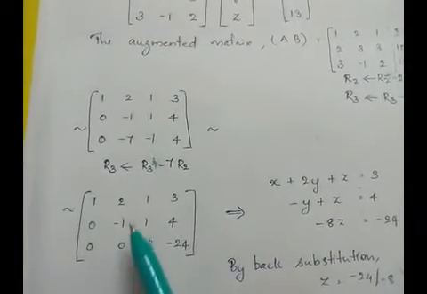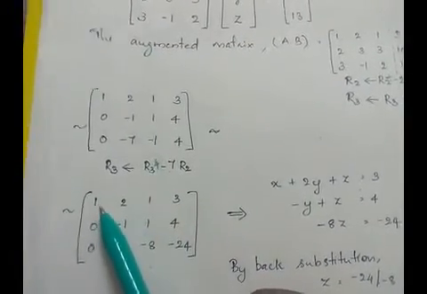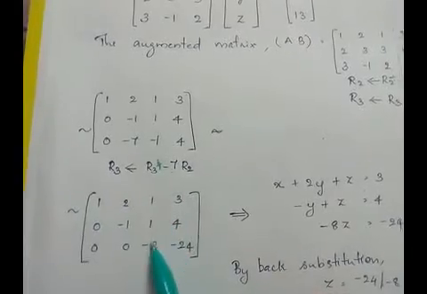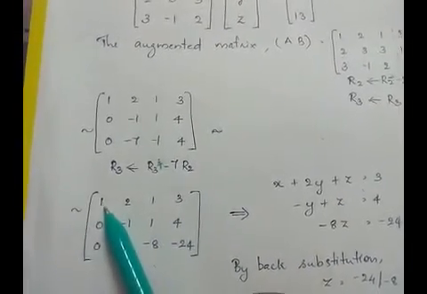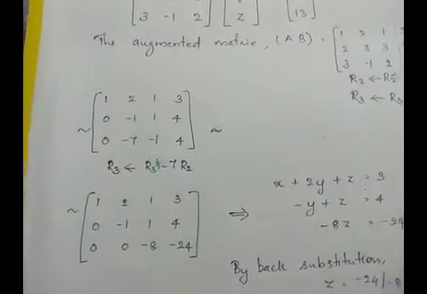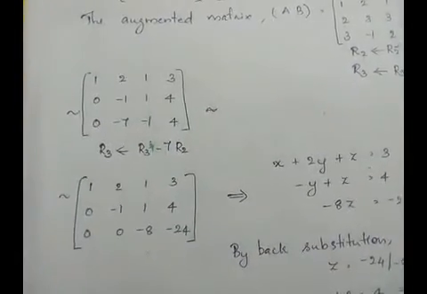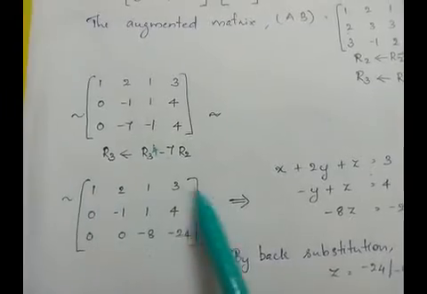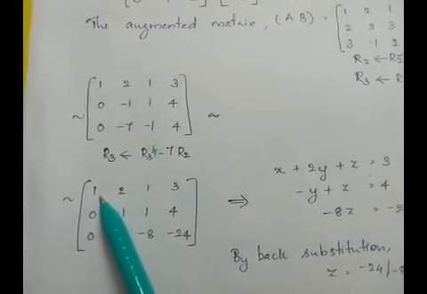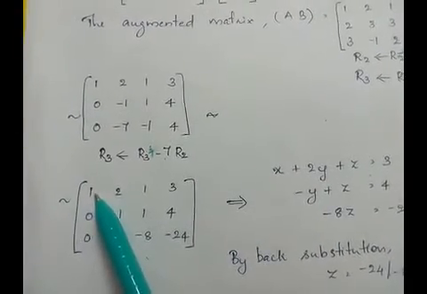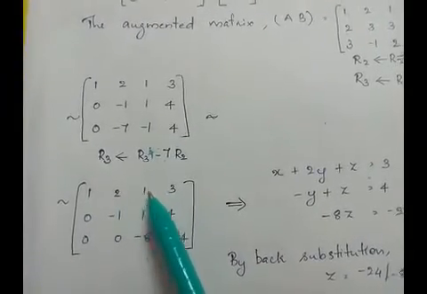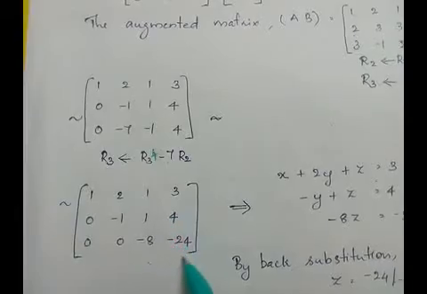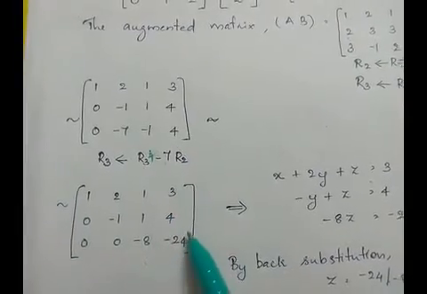Here we know that these three columns represent the coefficients of the unknowns, right? So the first value will be the coefficient of the first unknown. The first unknown is x. So the first row will be converted as: this is the coefficient of x, right? So 1 into x plus 2 into y plus 1 into z is equal to, the last column, which represents the matrix B.